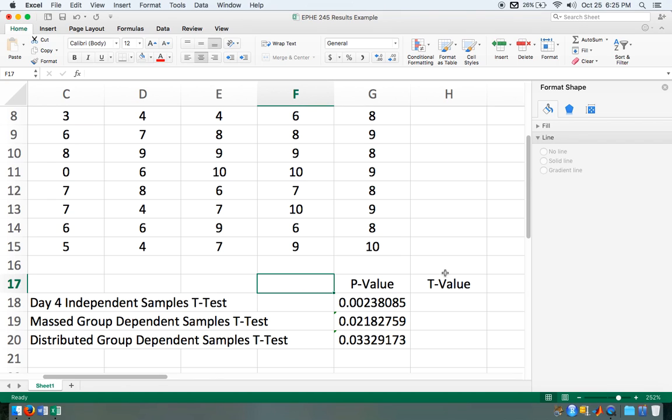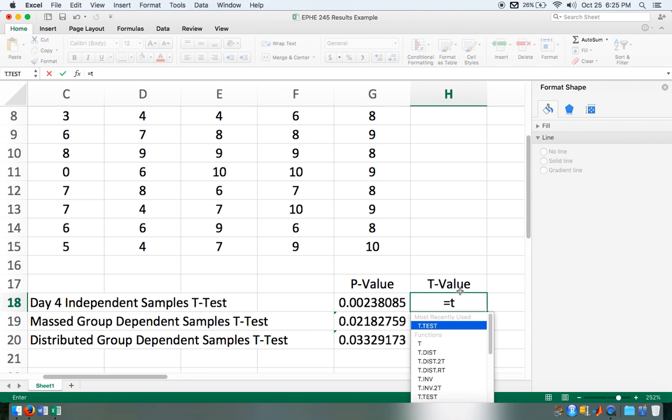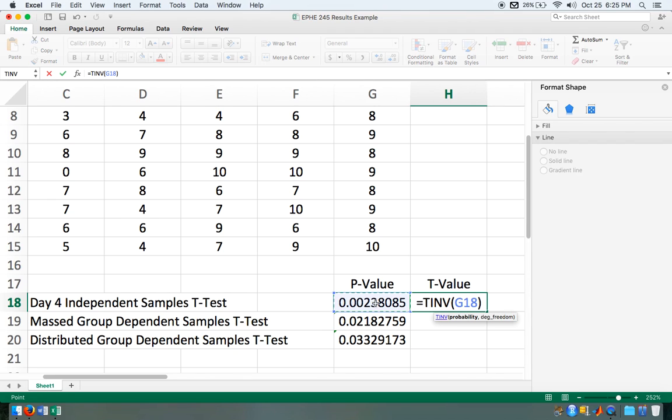But we also need to report our t-values. So what are our t-values? T-inv is a way to turn a p-value into a t-value. We're going to put our p-value here, and our degrees of freedom for this is going to be 12. I'm going to have to explain what degrees of freedom is, but I'm not going to get into the conceptual side of things. What's important here is that we're taking n minus 2.